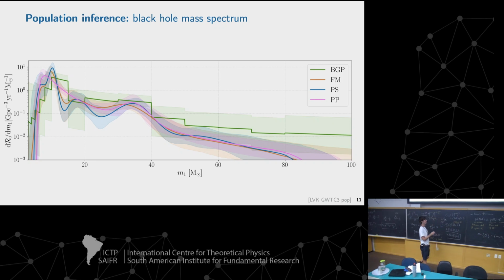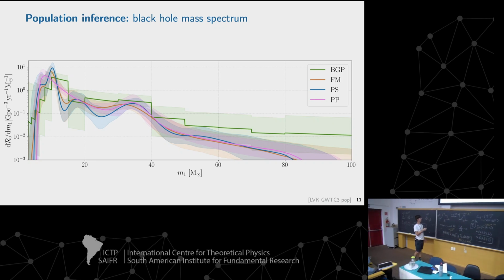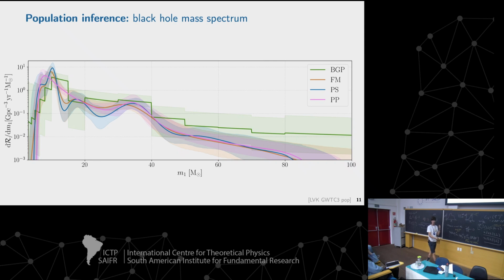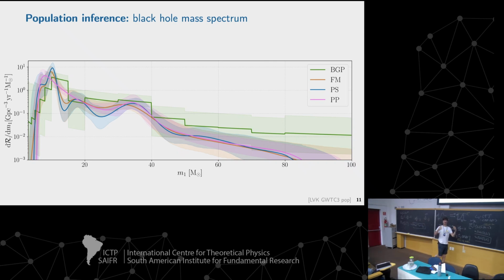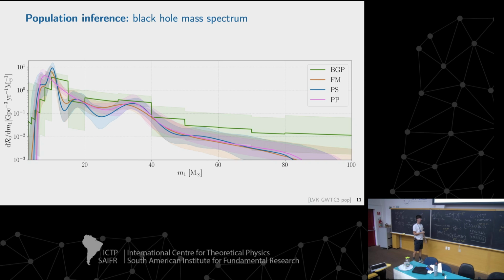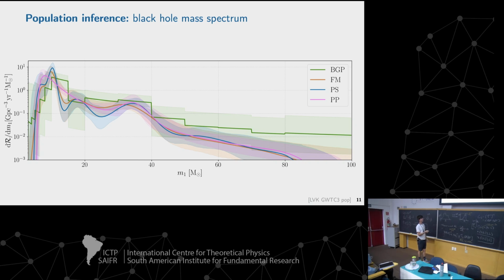So when we are inferring the source properties, we take into account that there is some selection bias, that we are more sensitive to more massive things. That's why, despite most of the observed events being in this range, in reality there are many more events here. In other words, when you think of future detectors, we'll be able to see very far for all the mass ranges, and most of the events will be lower mass black holes.